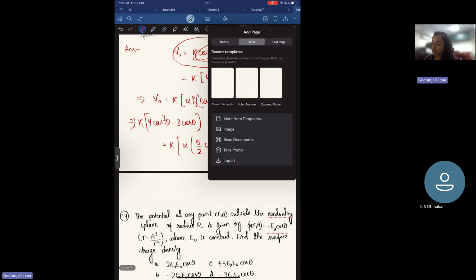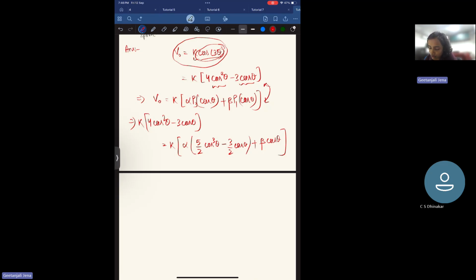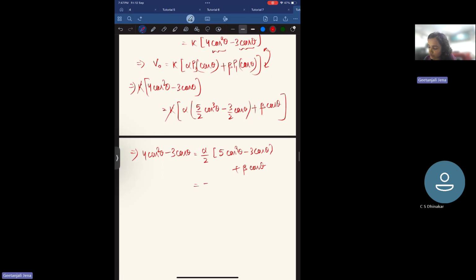Now we can equate the orders of cosθ. K will cancel. We have 4 cos³θ minus 3 cosθ equals α/2 (5 cos³θ minus 3 cosθ) plus β cosθ. So this will give 5α/2 cos³θ plus (β minus 3α/2) cosθ.